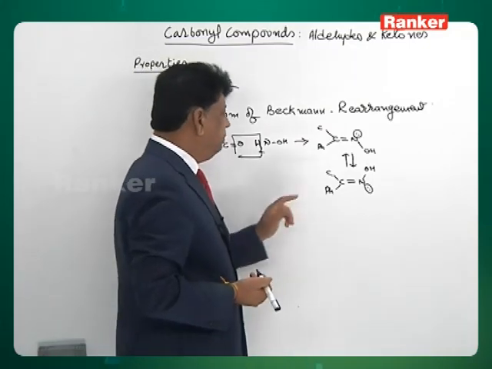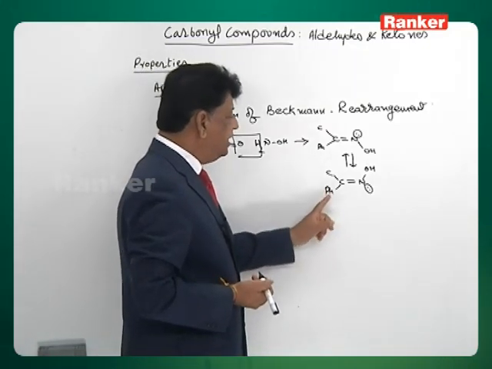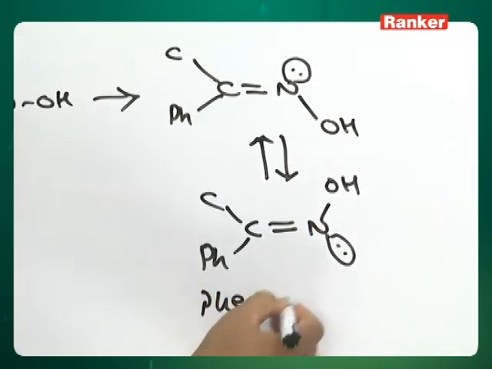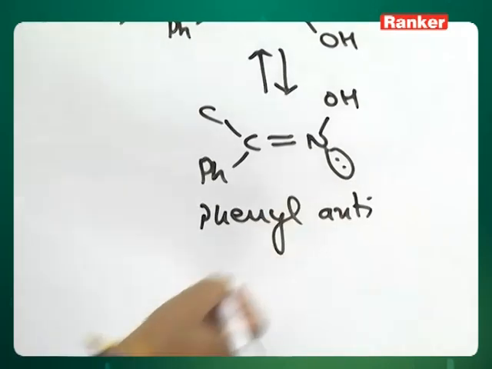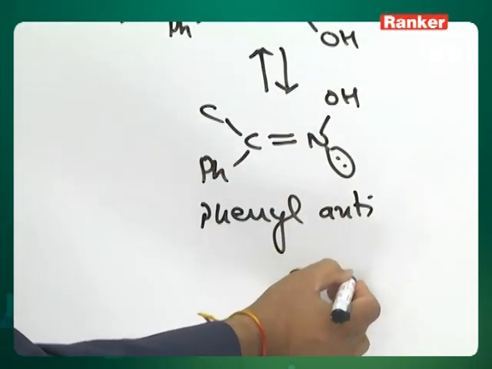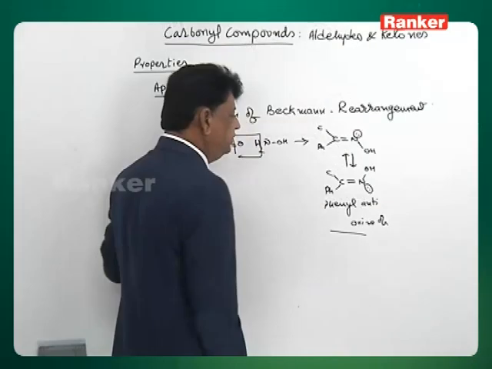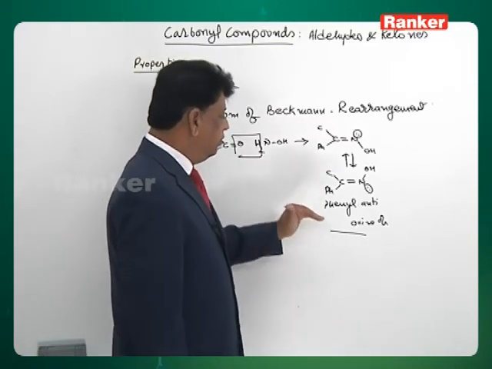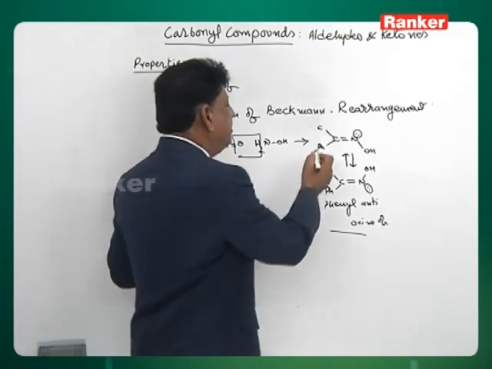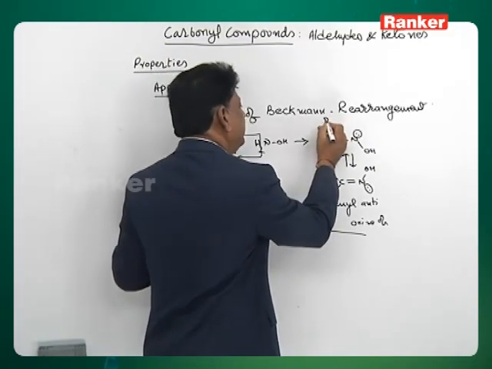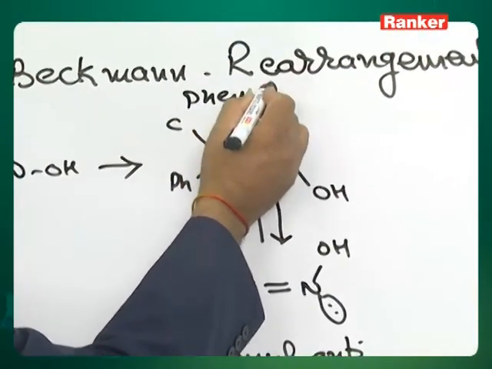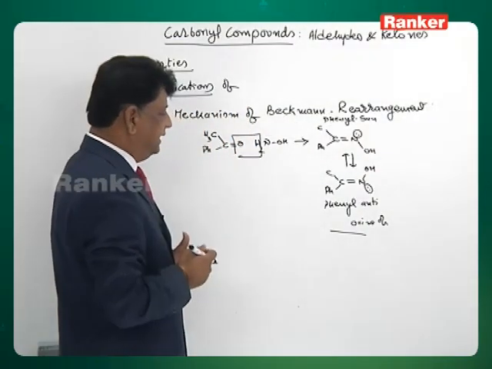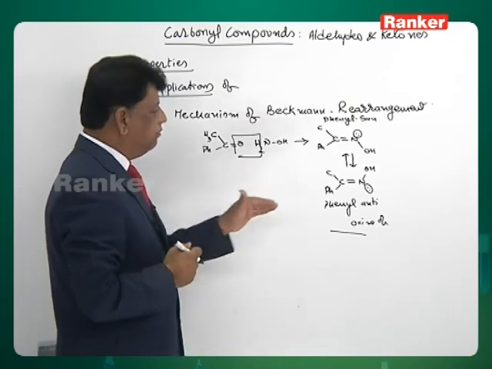If I want to say with reference to the phenyl, this is phenyl anti oxime of acetophenone. Here it is phenyl syn. So you are specifically mentioning to which group it is syn, and then the oxime of acetophenone.